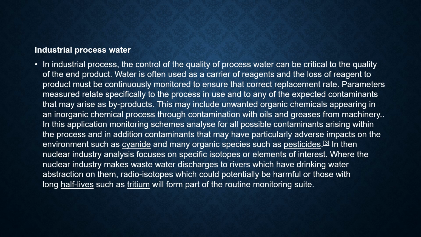Parameters measured relate especially to the process in use and to any expected contaminants that arise as by-products. This may include unwanted organic chemicals appearing in an inorganic chemical process through contamination with oils and grease from machinery. In this application, the monitoring scheme analyzes for all possible contaminants arising within the process.